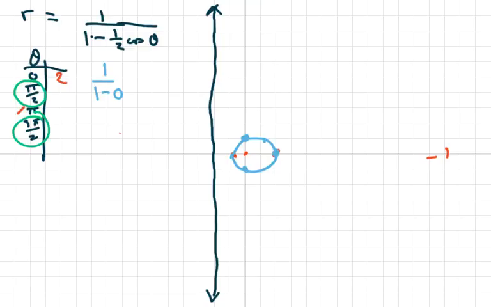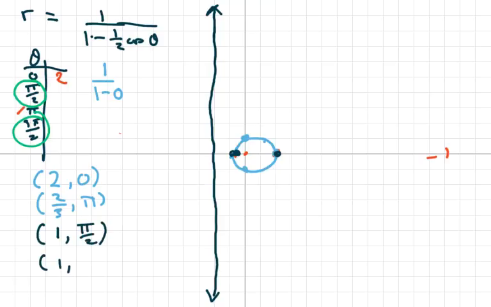And let's find out the information we need to get the center and so on. Since I don't really have a lot of room, I'm going to write it down. We have our vertices at (2, 0) and (2/3, pi), which were these 2 points. And the other ones were (1, pi over 2) and (1, 3 pi over 2). So those are the 4 points we did. Now let's get our a.